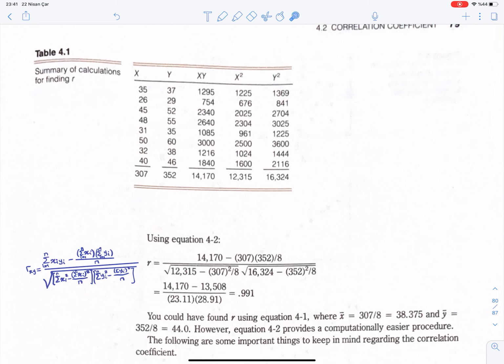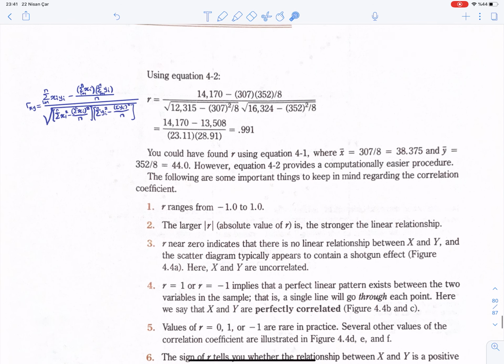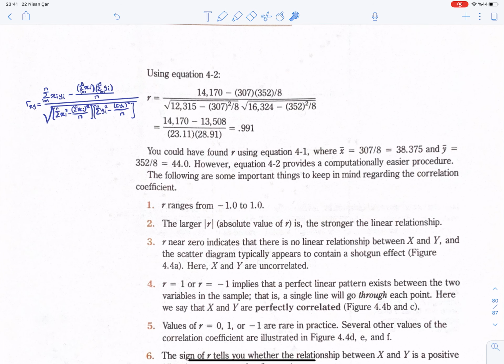Okay, if you place all this, as I told you from the picture of this scatter diagram, we understand that this correlation is going to be positive and very strong. As I told you in the beginning, I'm expecting this correlation to be very much close to 1.